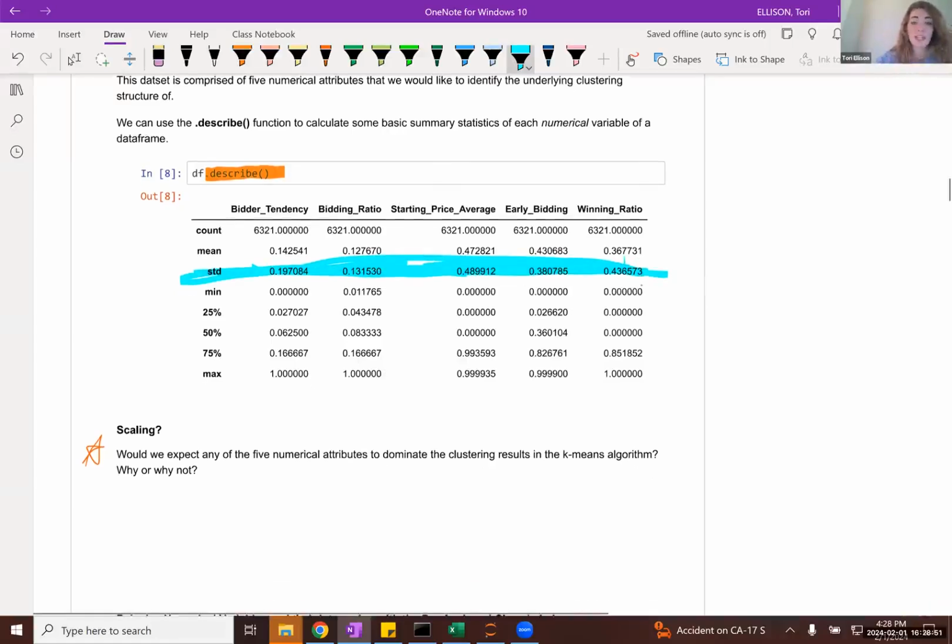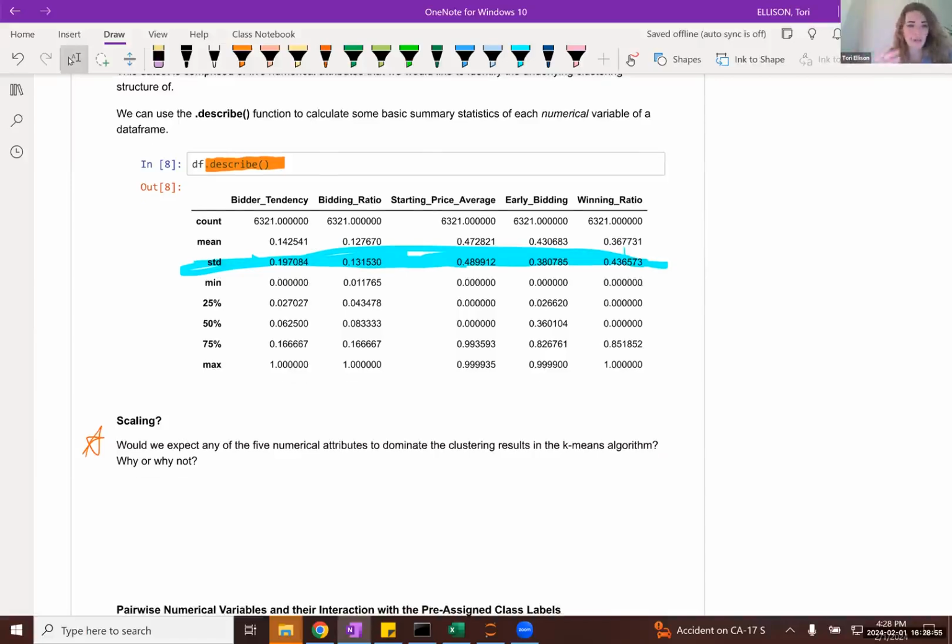So in next Friday's homework assignment, we're going to talk about how to scale the variables in our data set and under what circumstances we might want to do that. But the bullet point is we want to think about what happens, for instance, if the scale or the standard deviation of some of our variables is much larger than other variables.